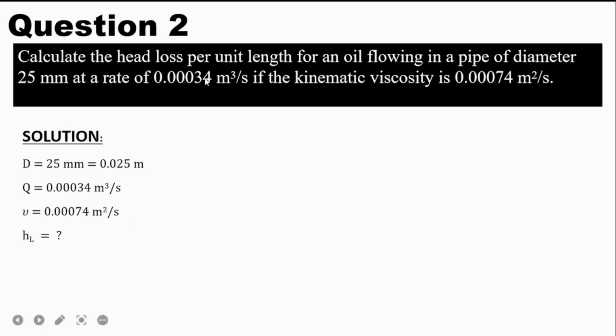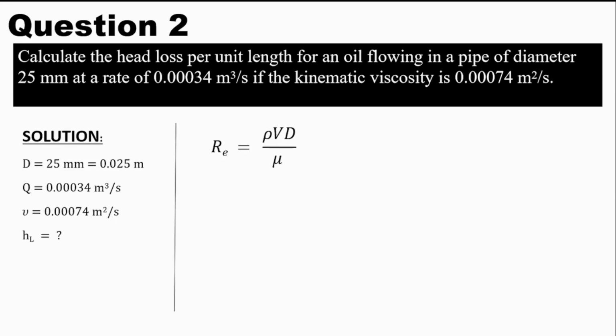Then this here is our discharge. As you can see, it's in meters cubed per second. This is our discharge, 0.00034 meters cubed per second. And this time, we are given the kinematic viscosity, which is 0.00074.